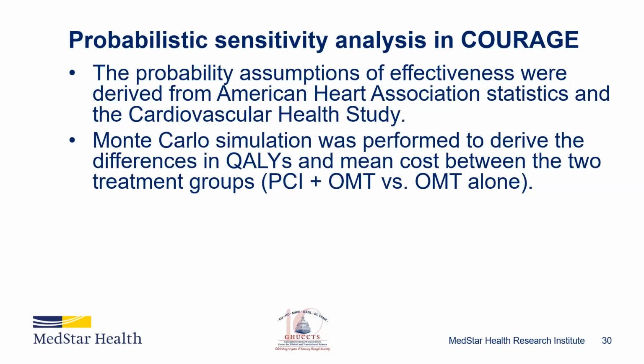The different probability assumptions were derived from different sources, the American Heart Association and the Cardiovascular Health Study. When you do the simulation, that's what is called a Monte Carlo simulation, to derive the differences in qualities and the mean cost between, say, two treatment groups, which in COURAGE was percutaneous coronary intervention versus optimal medical therapy, OMT alone.